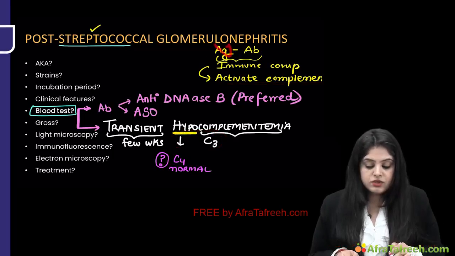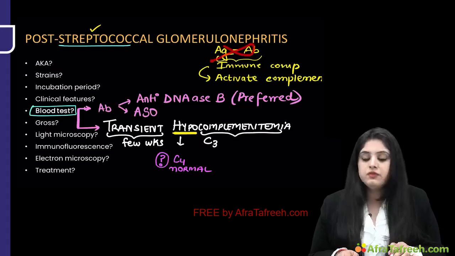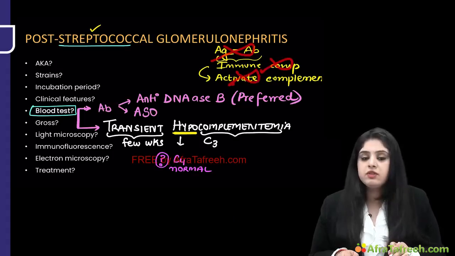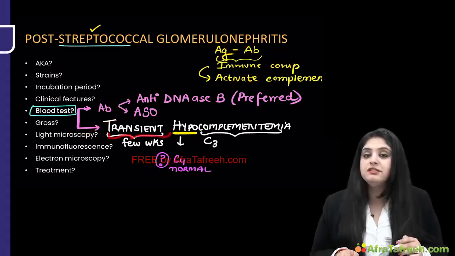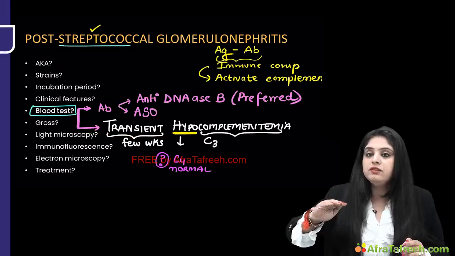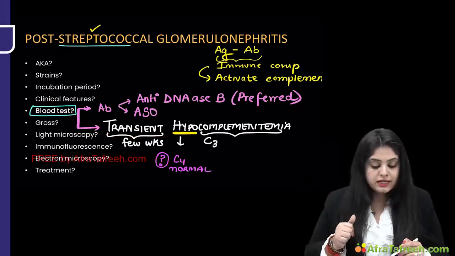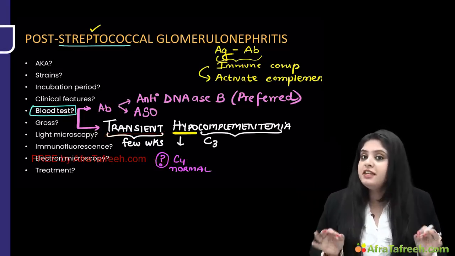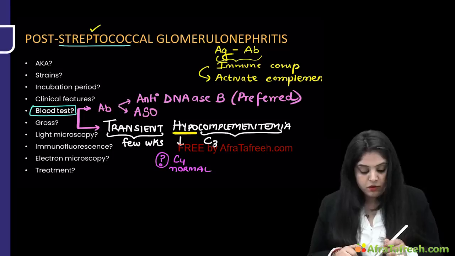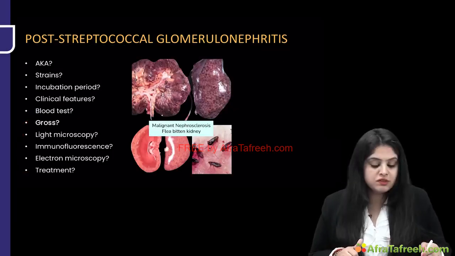Once the streptococcus is cleared off, the immune complexes are going to be removed. Then there is no activation of complement. This means everything will come back to normal. That is why I said it's transient. For some time the complement levels go down, after some time they are back to normal. I hope everyone's okay with it. So these are the blood tests, and this word is very, very important. Okay, moving forward, now let's go on to the real pathology part. You already know how it looks grossly.